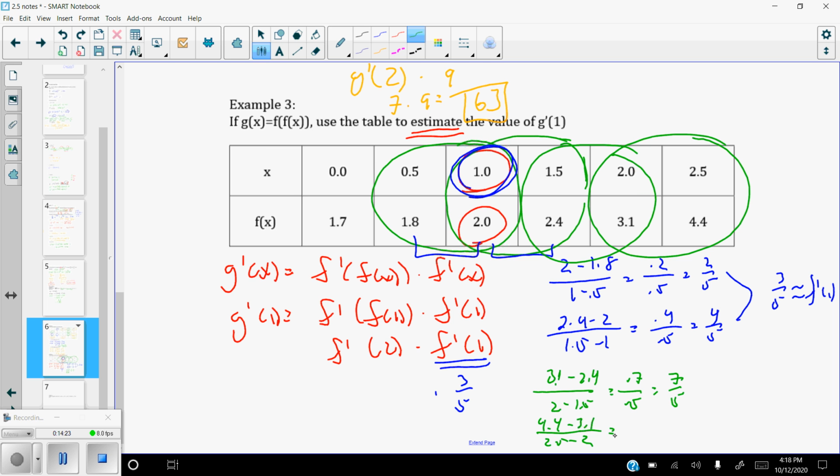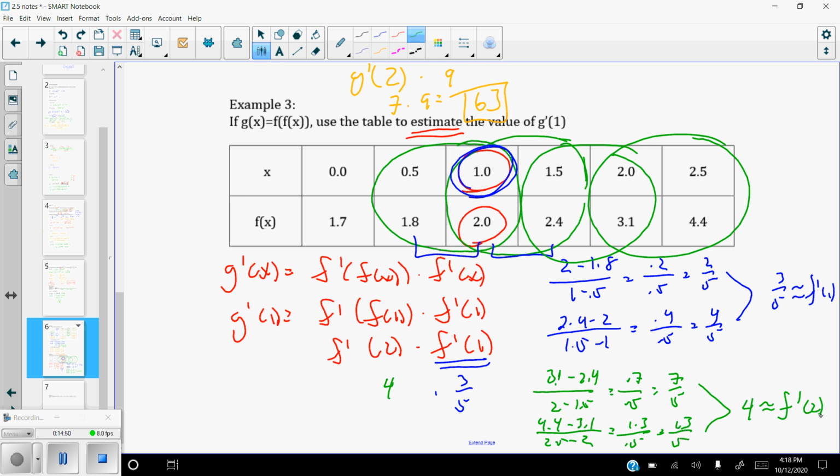So 4.4 minus 3.1 is 1.3 over 0.5, which is 13/5. Adding those two things up, you get 20 over 5, which is 4. So then we end up with 4 as a good average or estimate for f prime of 2.